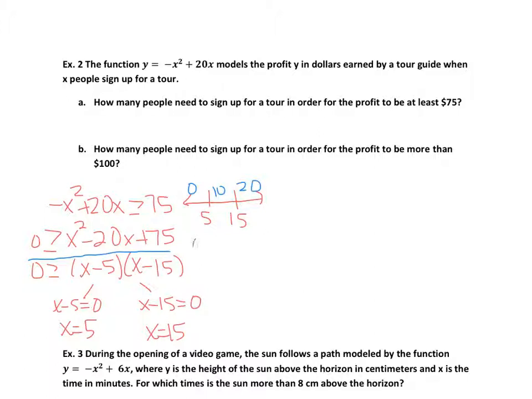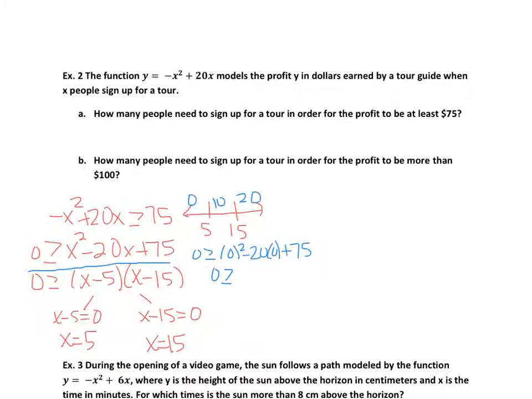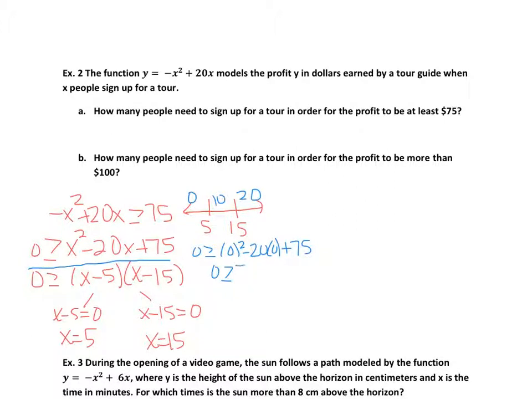So I'm going to plug in 0 is greater than or equal to 0 squared minus 20 times 0 plus 75. And that gives me 0 is greater than or equal to 75, which is a false statement.